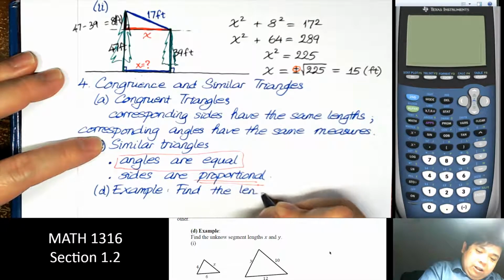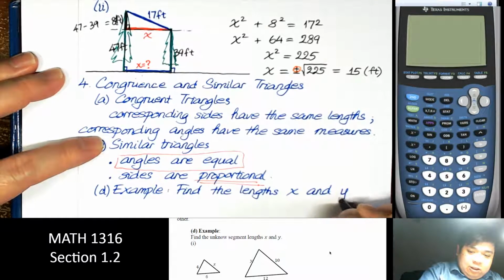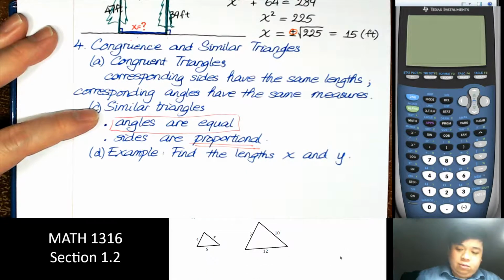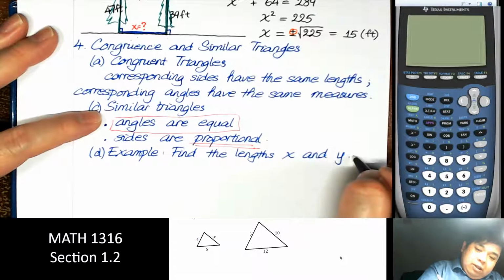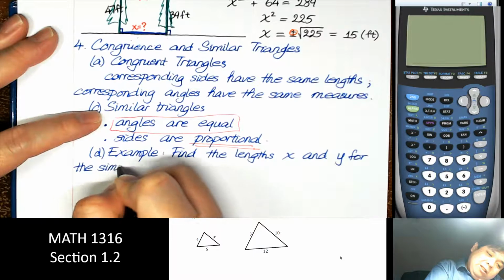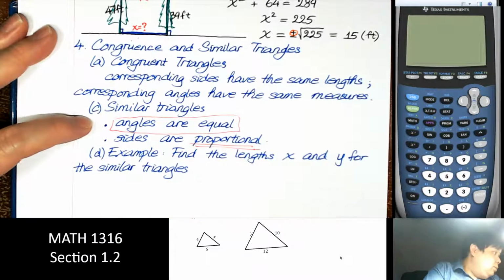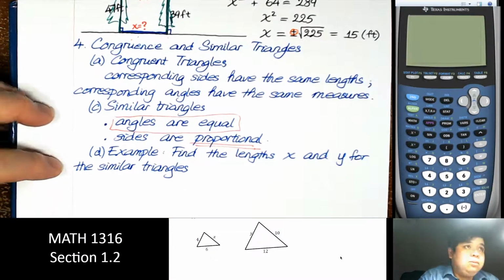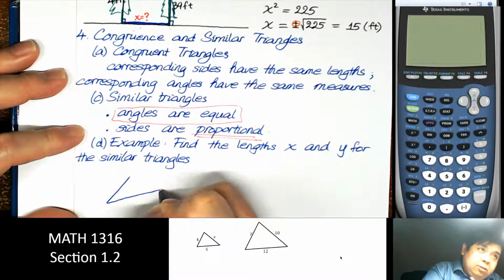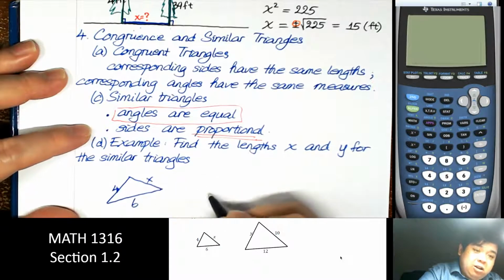Find the lengths x and y for the similar triangles. Yeah, the picture in the note is a lot better.